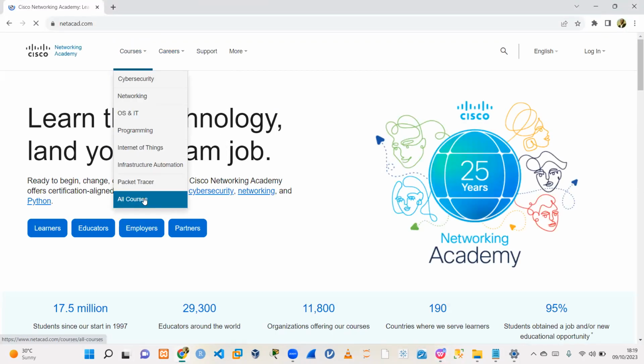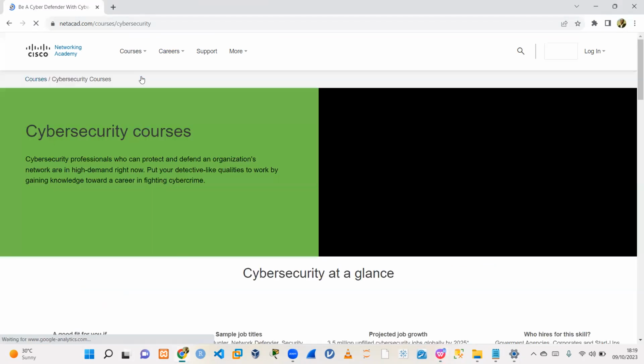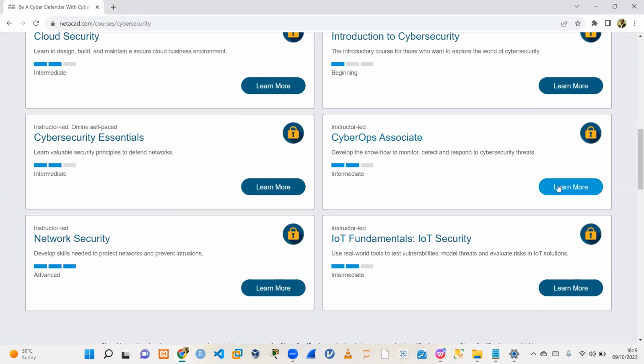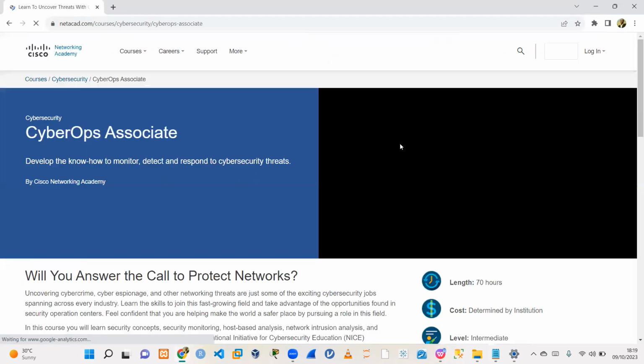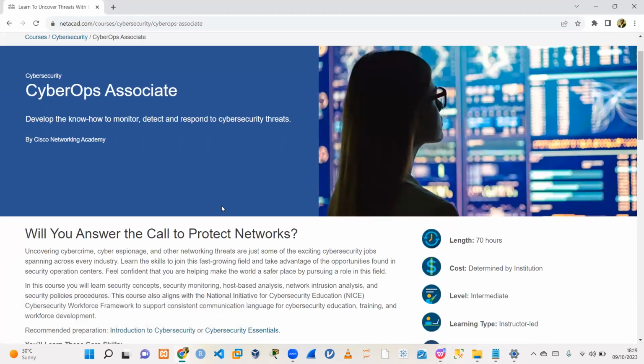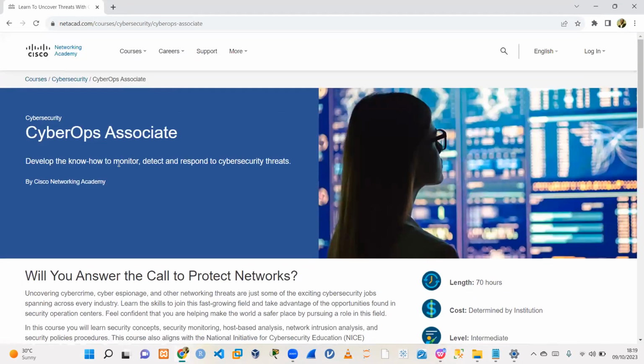So this is the particular course we are looking at currently. We're looking at Cisco CyberOps Associate. It's an intermediate, instructor-led course on the Cisco Academy. Your goal in this course is to be able to monitor, detect and also respond to cybersecurity threats.